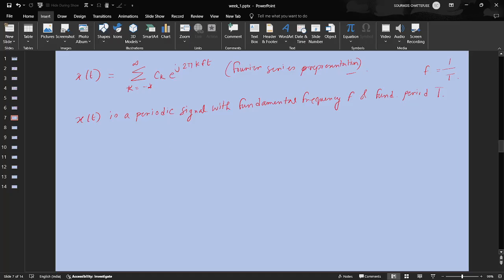So we know that x(t) is a periodic signal with fundamental frequency f. Till that point we are fine.